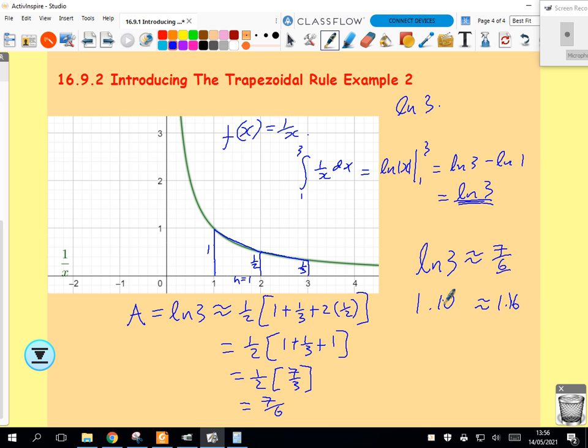So you can see they're not a million miles away. Even just with 2 trapezoids in here, I was able to get a pretty good approximation for the natural log of 3. And you can imagine if I increase the number of trapezoids there, that's going to increase the accuracy of my approximation. Okay, so the trapezoidal rule, a numerical method for finding areas under curves.